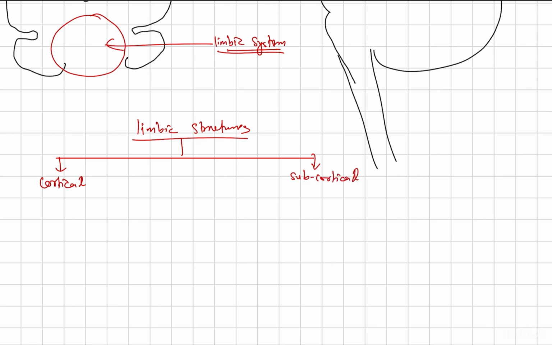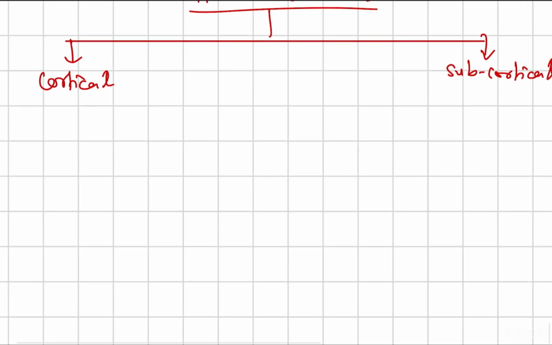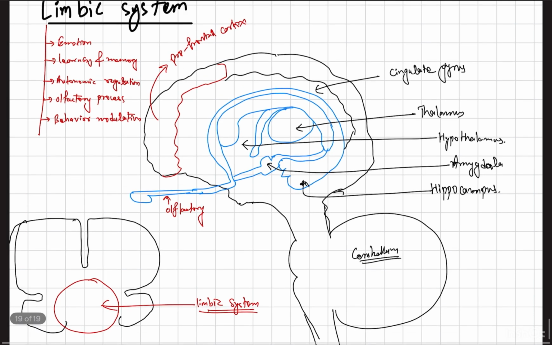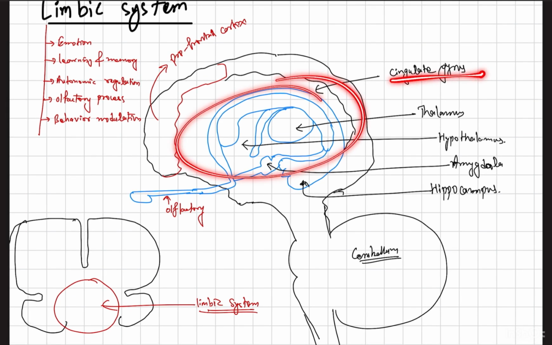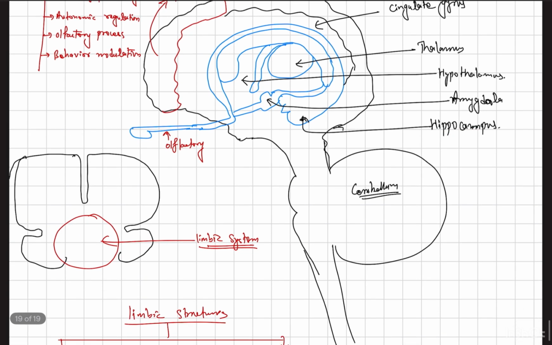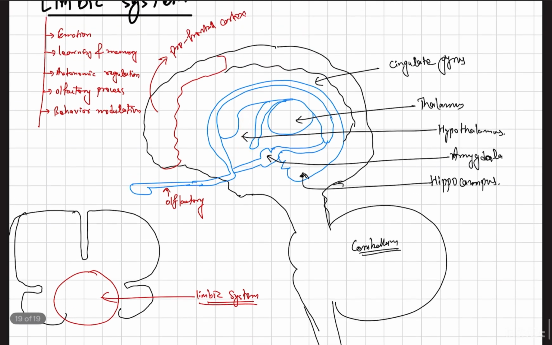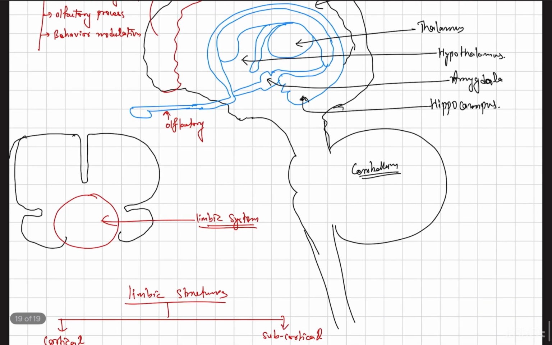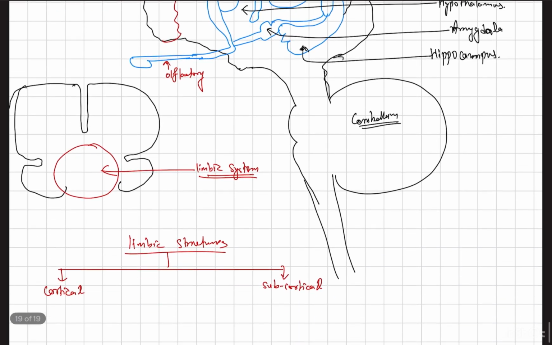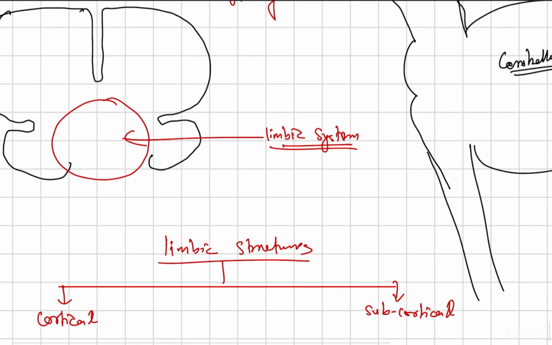In the cortical, in the cortex region, there is the cingulate gyrus, then the parahippocampal gyrus, hippocampus, and the anterior cortex in this region. There is also the orbitofrontal cortex, and there is the insula. The insula is found in this region. This is the insula.